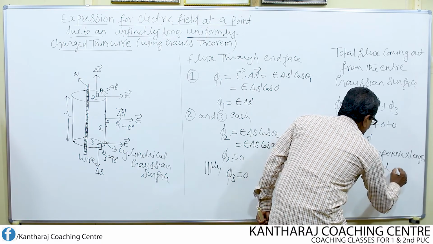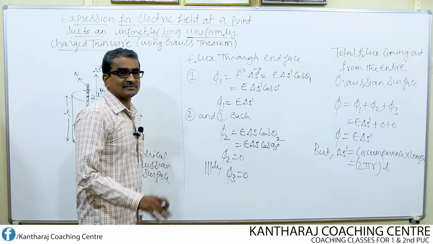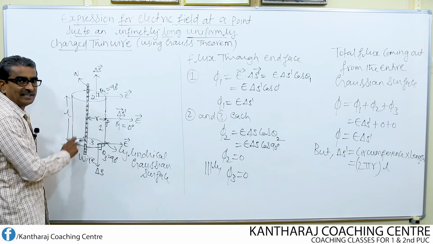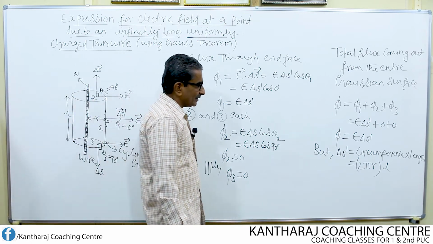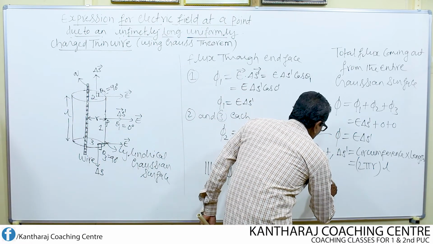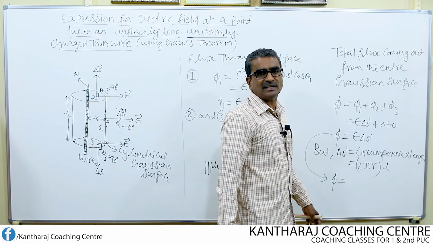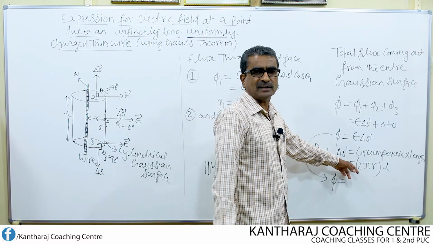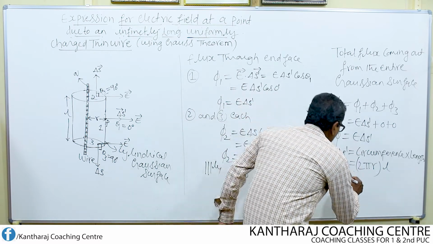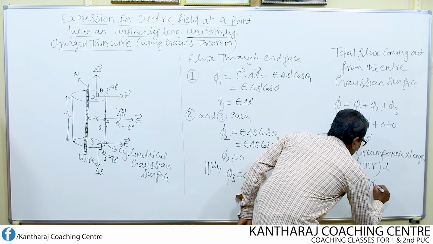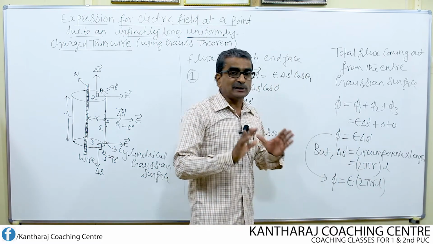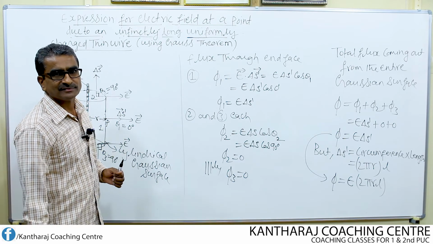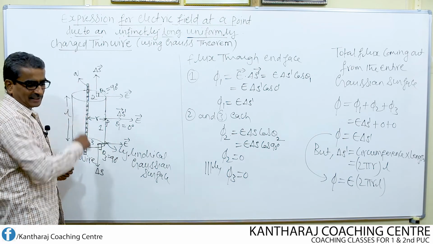Length of the cylinder is L. What is r? Remember, r is the distance of the point from the conductor or from the wire. So this equation now becomes phi equal to, all that I need to do is substitute for delta S dash. We have found the value of delta S dash as 2 pi r L. So this will be E into 2 pi r into L. This is the total flux coming out from the entire Gaussian cylinder due to the charged conductor.